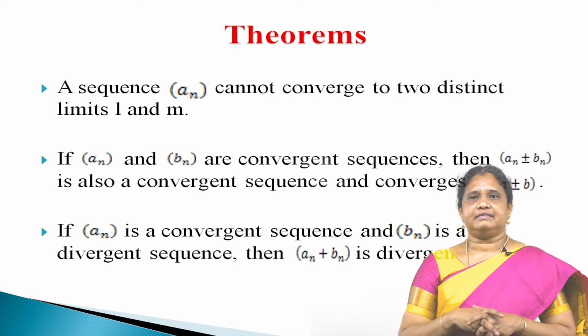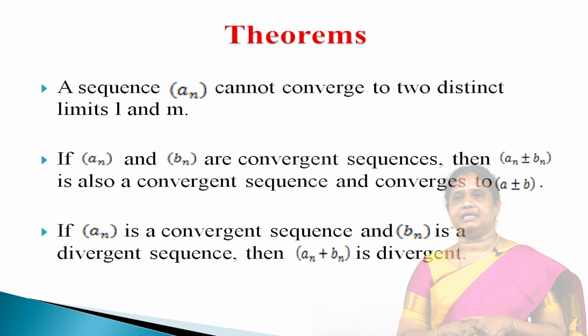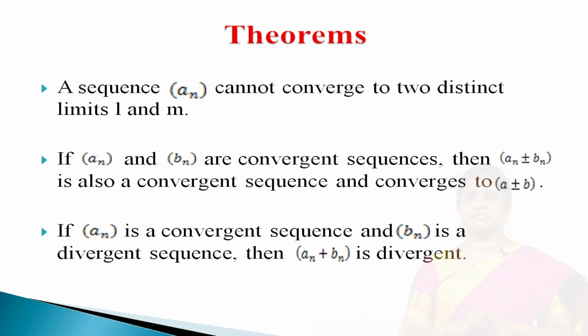And second theorem, if an and bn are convergent sequences, convergent sequences means it has a finite limit, then the sequence an plus or minus bn is also a convergent sequence, and it converges to the value a plus or minus b. And one more theorem, if sequence an is a convergent sequence and bn is a divergent sequence, then the sequence an plus bn is divergent.